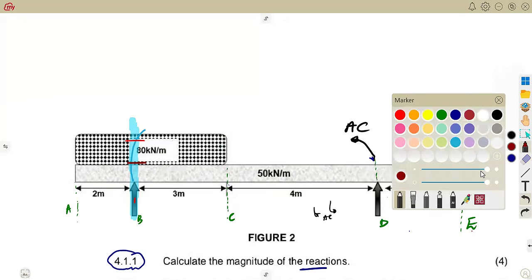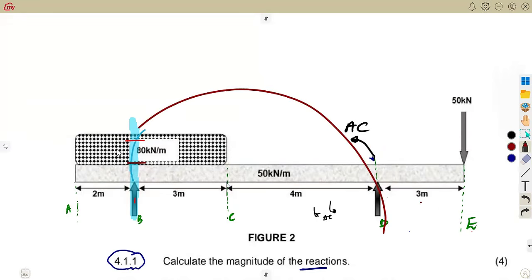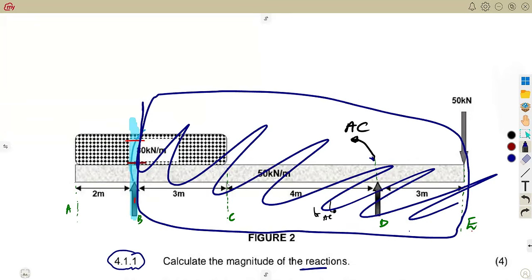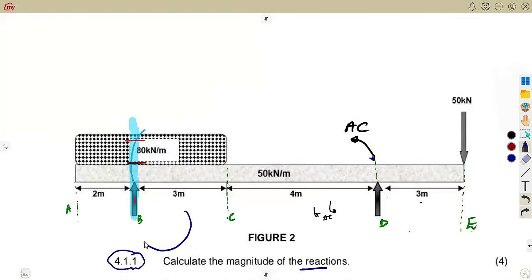Okay, this is your D. Let's figure out anything that is going to go in the anti-clockwise. If you consider this side, which is the right side here, if you consider everything on the right side, all these forces are going to be going this way, which is clockwise.